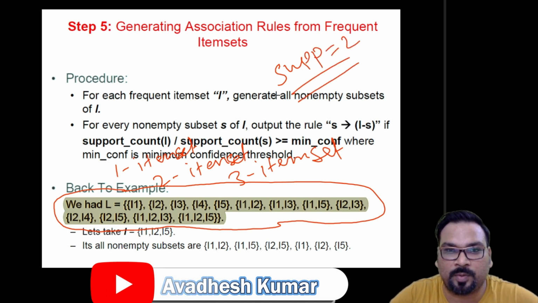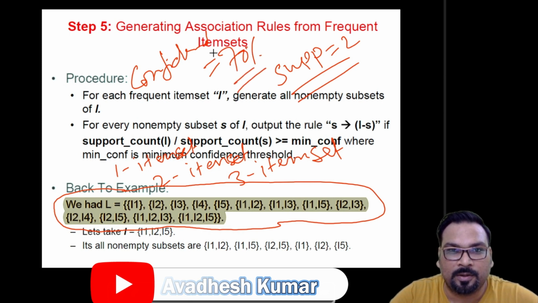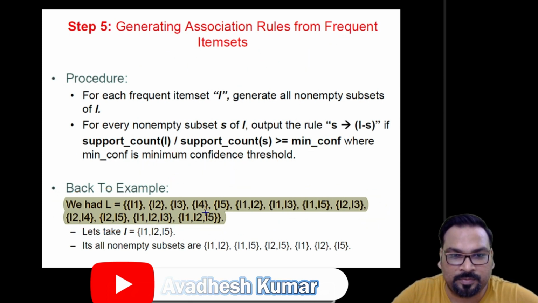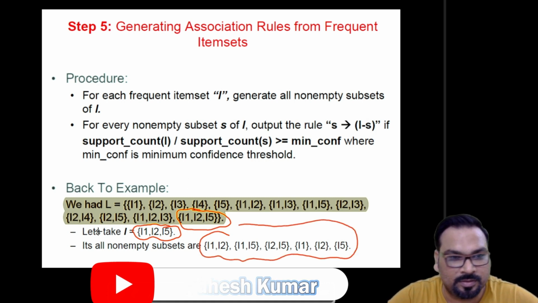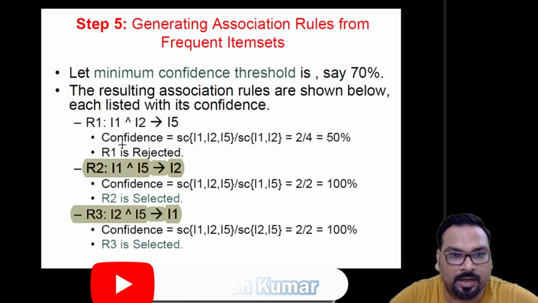Now we have to apply the next criteria, where confidence should be at least 70%. So first we will take this set and we will try to find out all its subsets.